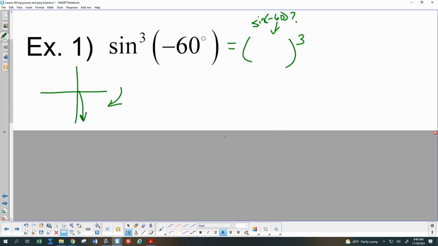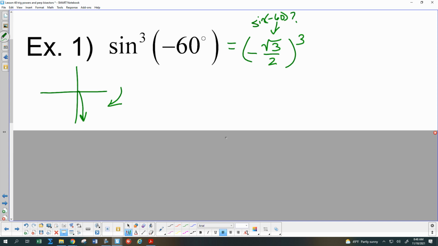That would put us down here. Sine in that quadrant, is it positive or negative? It's negative, it's the y, we went down, so that's a negative something. We've gone down almost as far as we go, so what's the value from our unit circle? Sine, we've gone almost all the way down, negative root 3 over 2.